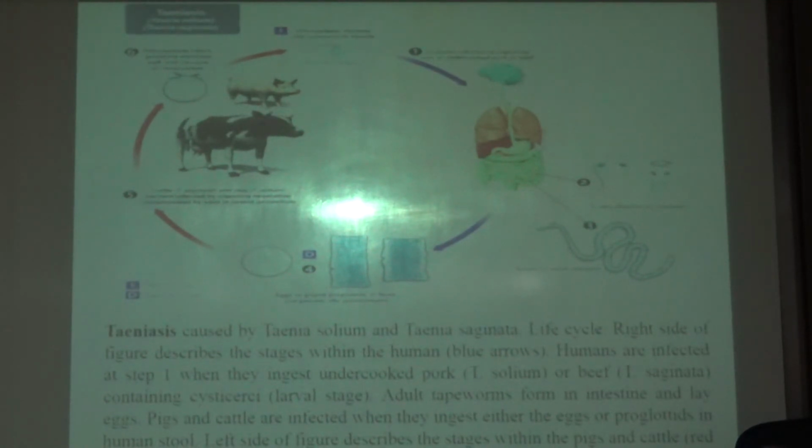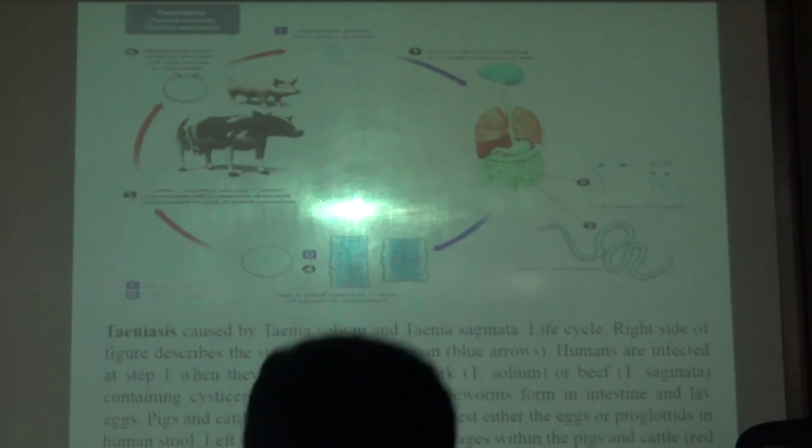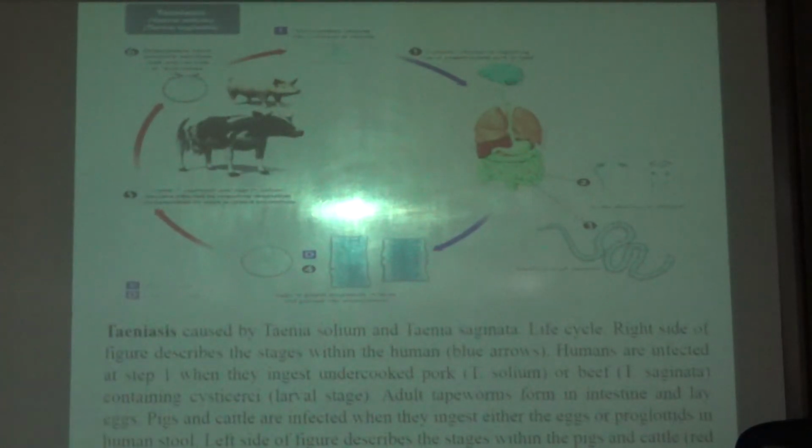The organism develops inside these animals, and there is cyst formation in their muscles or body parts. In the case of Taenia solium in pig, and in the case of Taenia saginata in cow or beef.